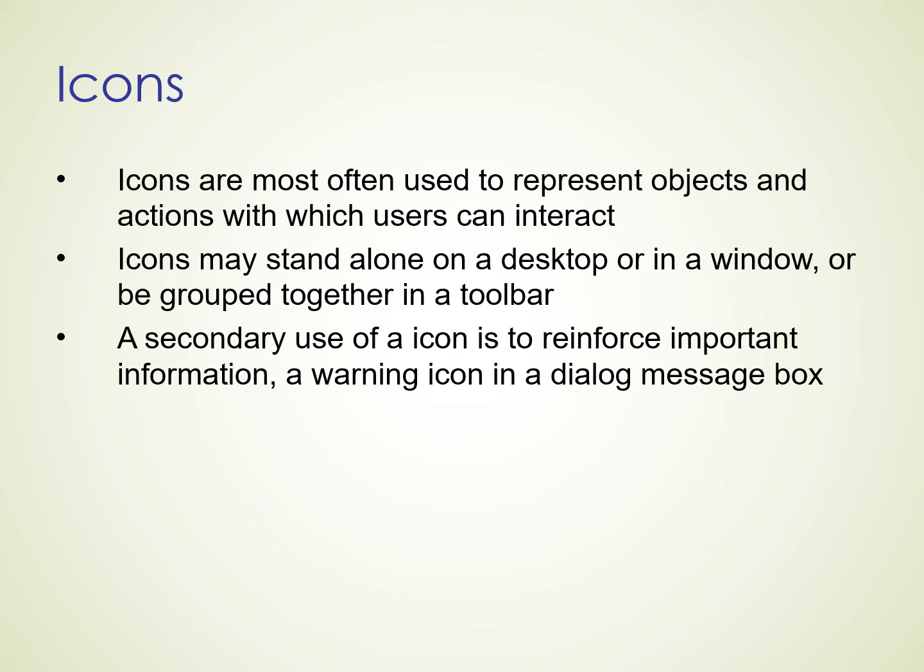Instead of typing play, which would take up a lot of space, you just have one icon that tells you that you can play a certain thing. Or maybe when you get a text message, instead of saying you have a text message, it would just show you an envelope symbol which shows that you have a new message. So that's the use of icons.